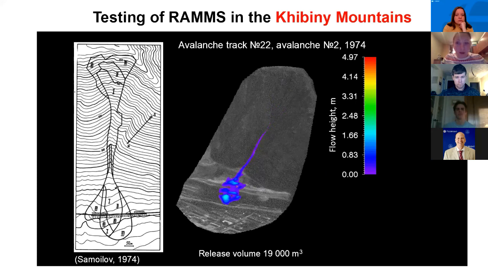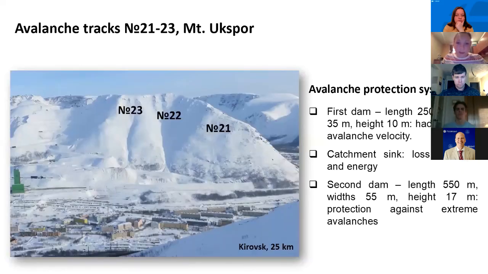We back calculated more than 100 real avalanches, and after modifying the input friction coefficients, we were able to reconstruct most of them. I will not go deeper into the details of this work because that could be another one or two more presentations, but the result was that we calibrated this model, and we understood that we are able to use it in the Arctic with an appropriate accuracy.